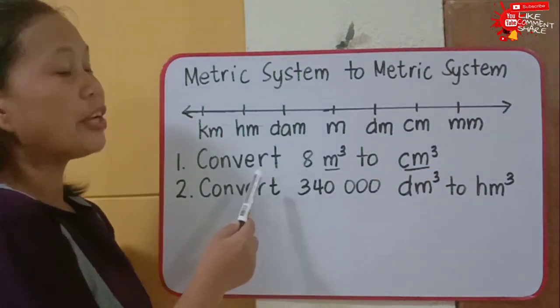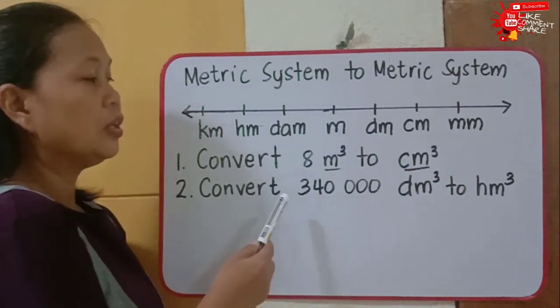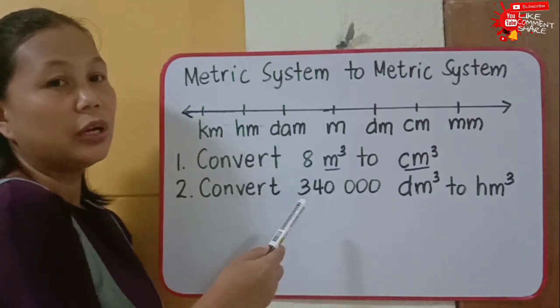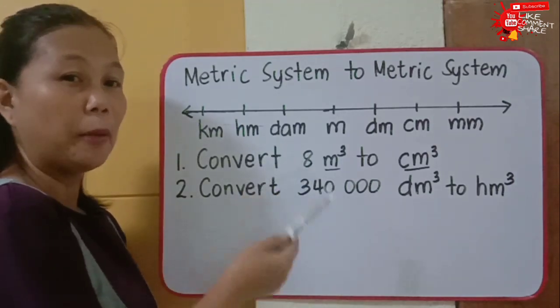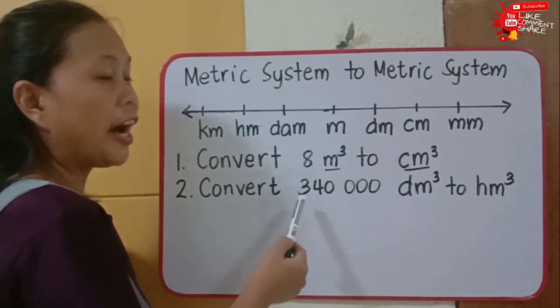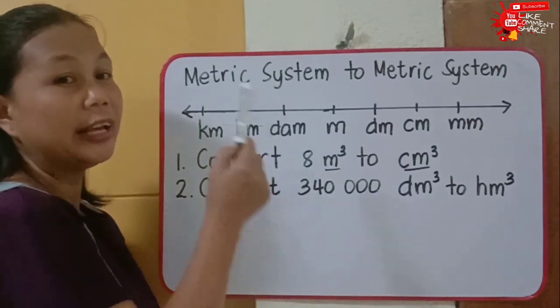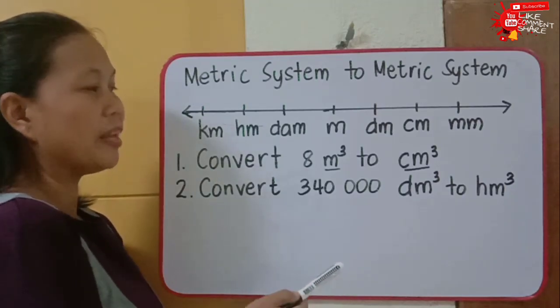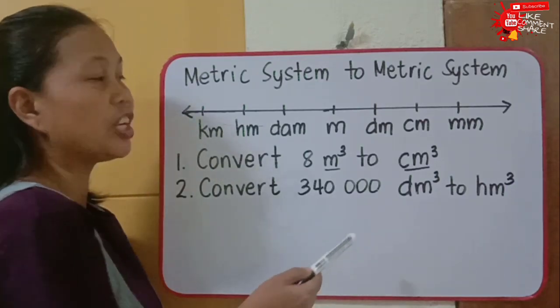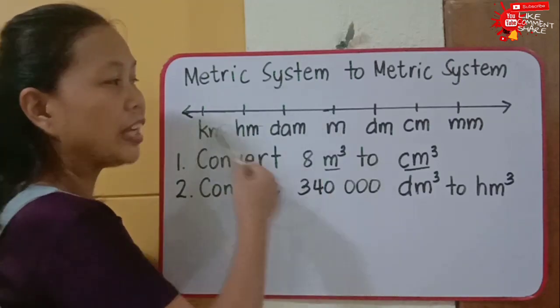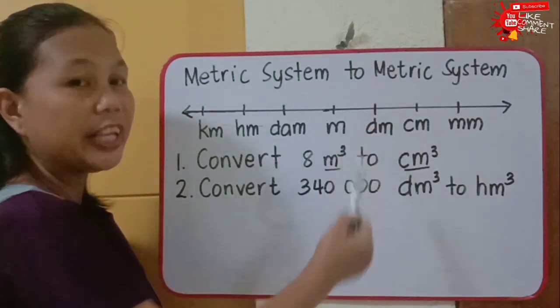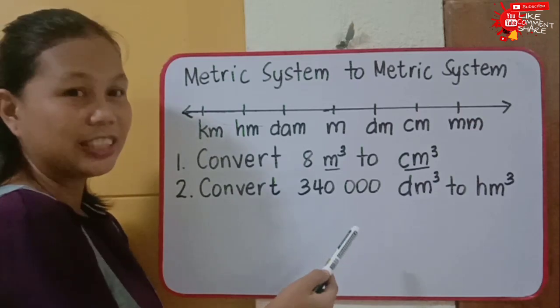Now, since we are dealing with volume, which is the amount of space occupied by a solid figure with three dimensions, after we count the movement of the decimal point from this metric converter, we need to multiply it by 3.